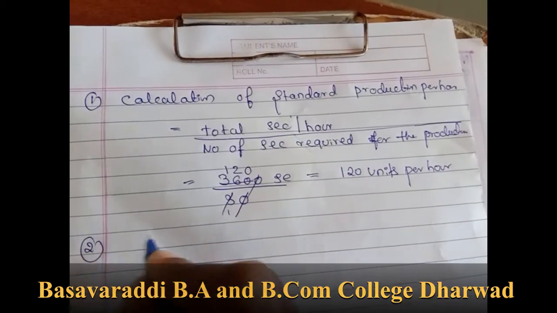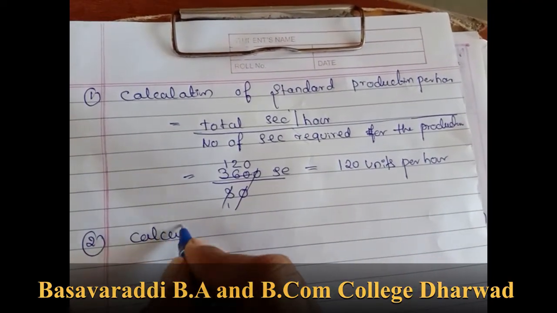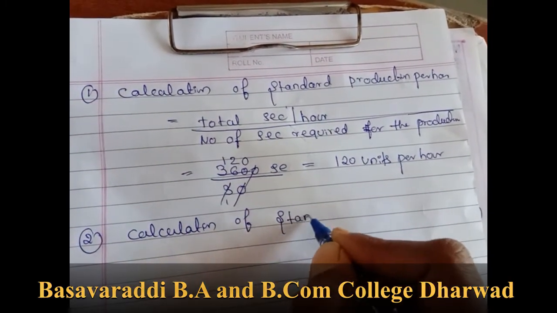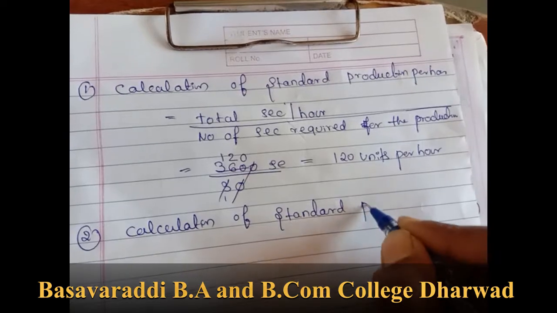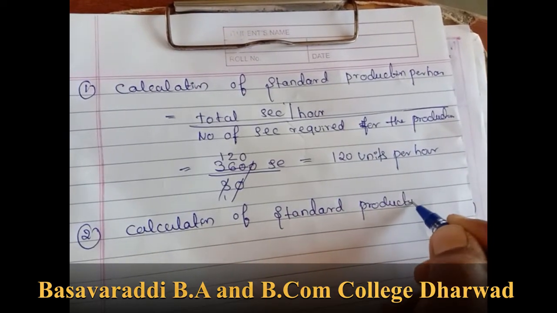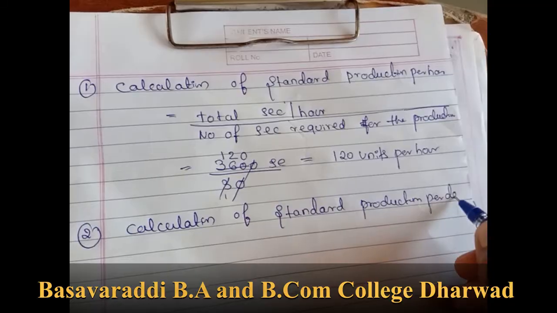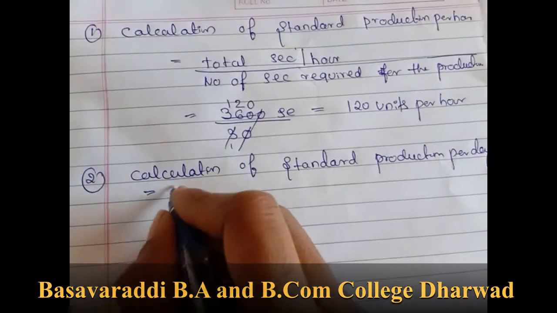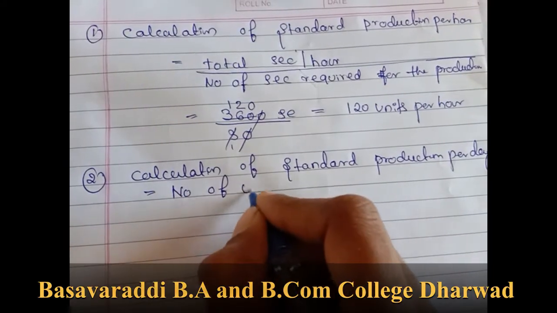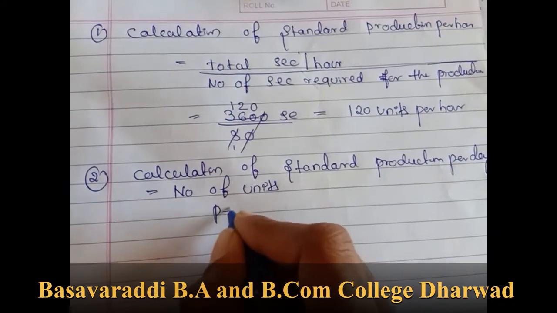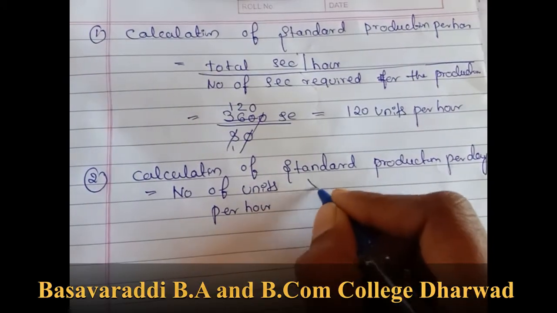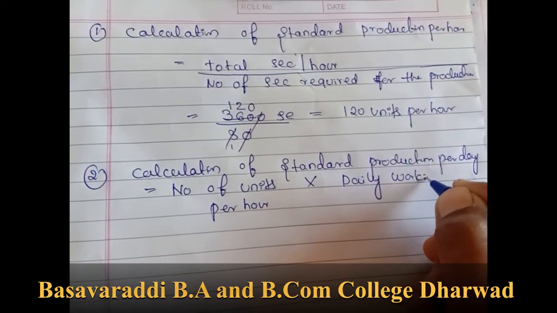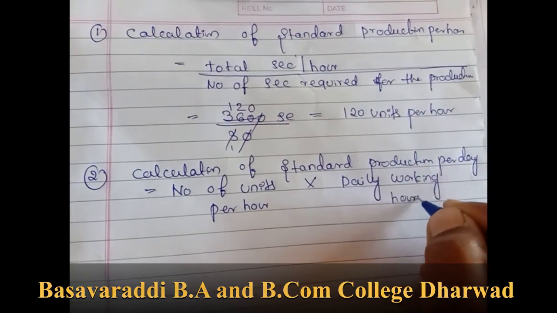Next, working note number 2. Calculation of standard production per day. Standard production per day is equal to number of units per hour into daily working hours.